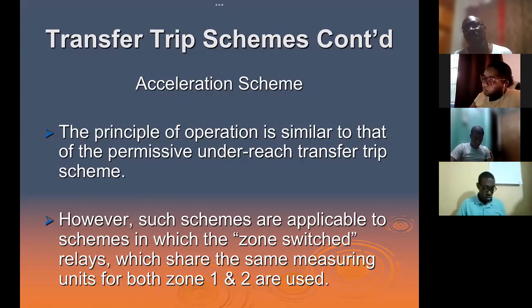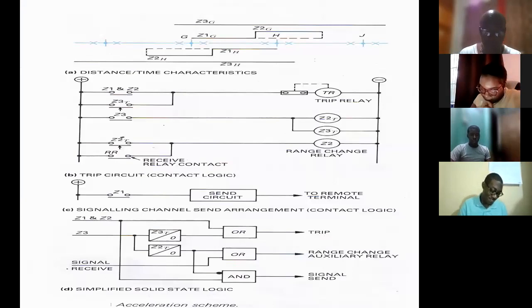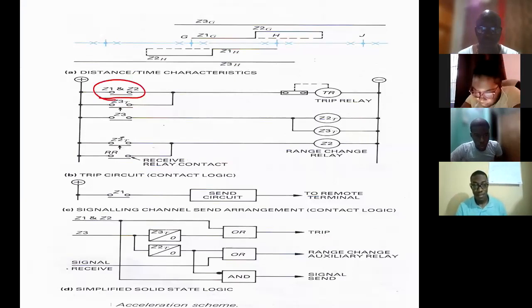You might have better checks, but it will be slightly slower than your permissive underreach. So I'll just highlight that here: zone 1 and 2 using the same measuring unit. That's the key difference.